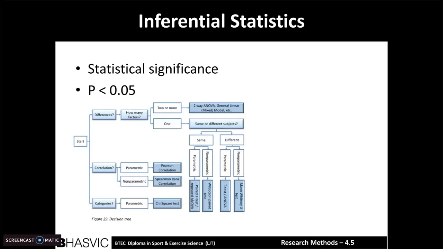The researcher also needs to know if the data is normally distributed, as this determines the statistical test the researcher should use. If it is normally distributed, then they would use a parametric test, but if it's not, they would use a non-parametric test. The decision tree shown above helps the researcher decide what tests to use.